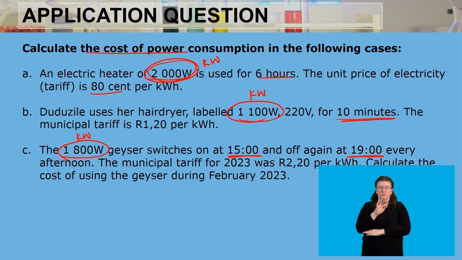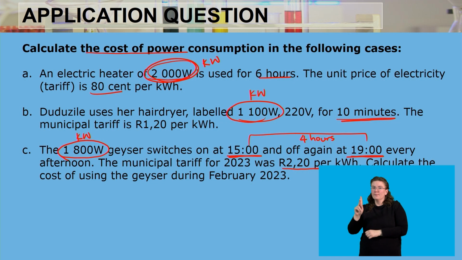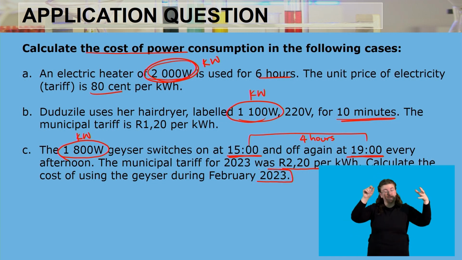So that means this geyser is going to be in use from 3 to 7, which is 4 hours. So it's in use for 4 hours every afternoon. And then we are told that the municipal tariff for 2023 was R2.20 per kilowatt hour.